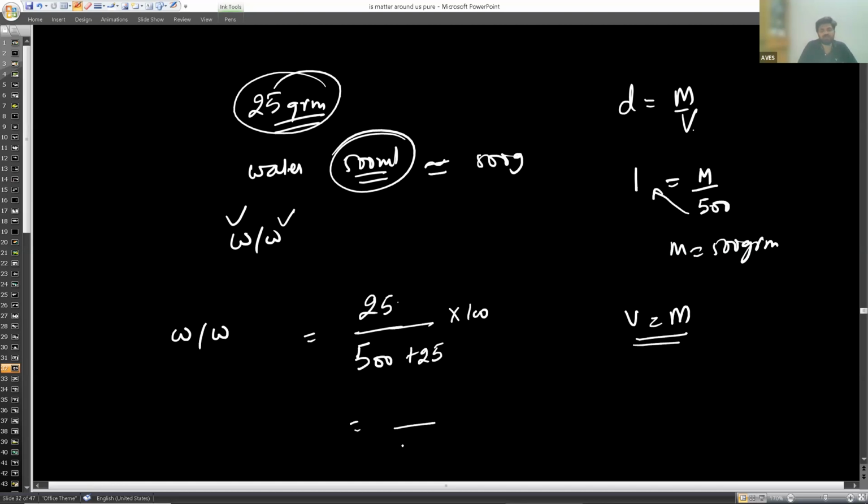So it will be 25 upon 525 into 100. You cut it by 25: 25 goes into 25 once, and into 525, 21 times. So it should be 100 upon 21.